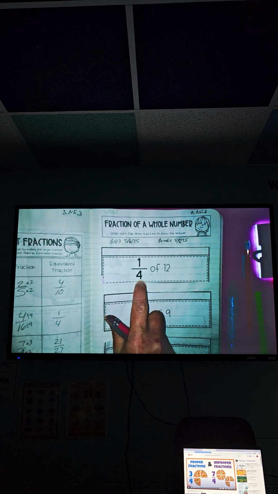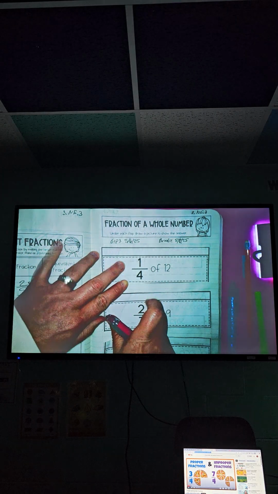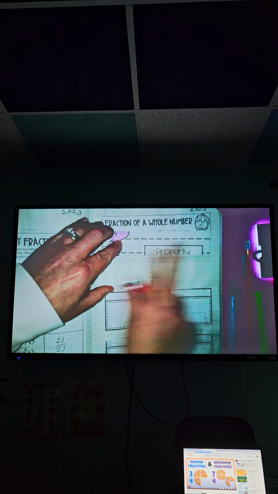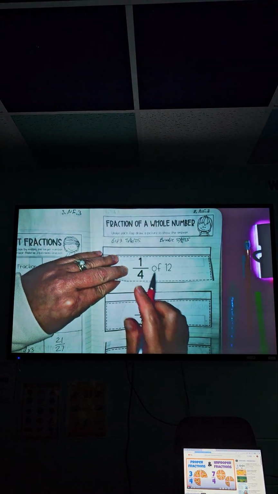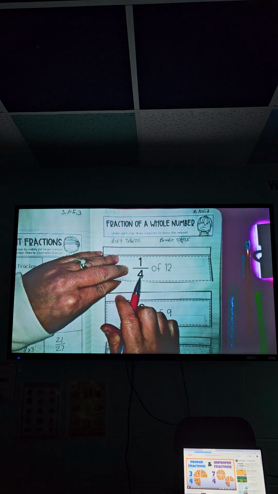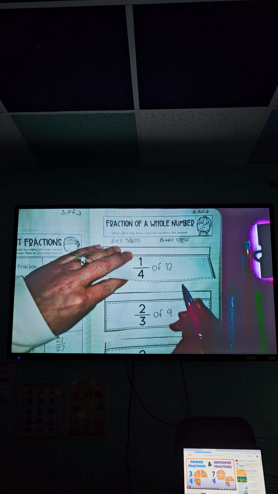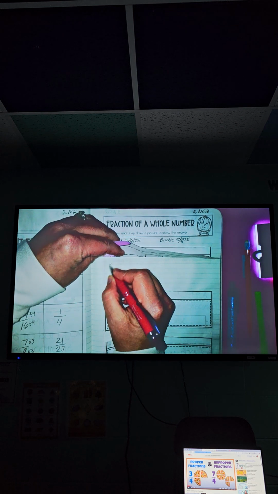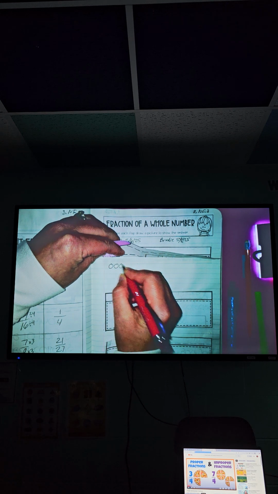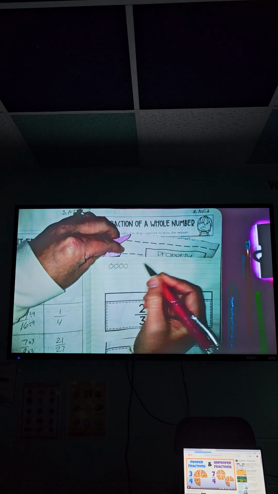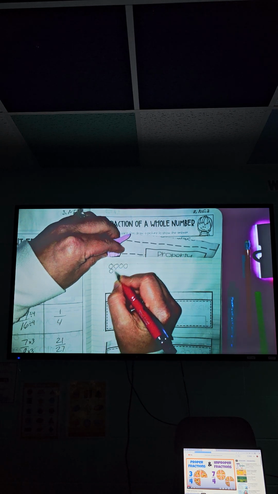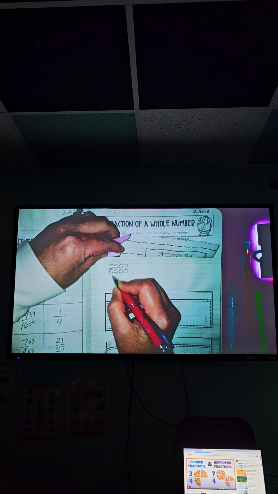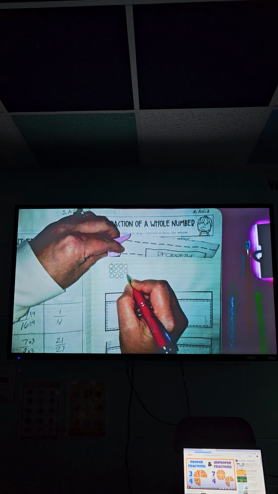So 1/4 of 12. Under each flap, draw a picture to show the answer. Well, you need 12 of something, and you're dividing it by 4. So if I did circles, 1, 2, 3, 4 going across, 5, 6, 7, 8, 9, 10, 11, 12.